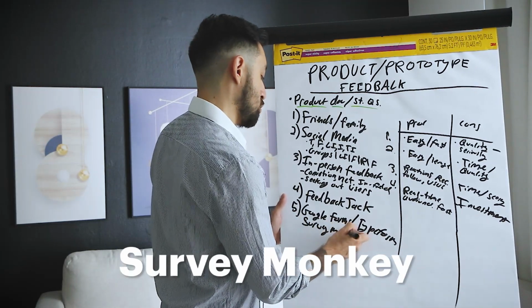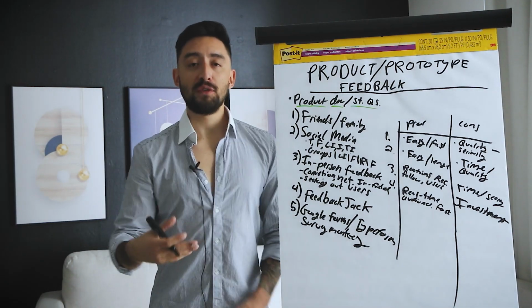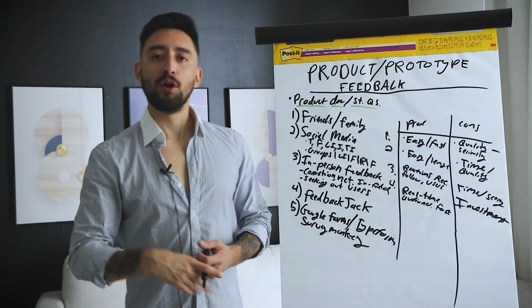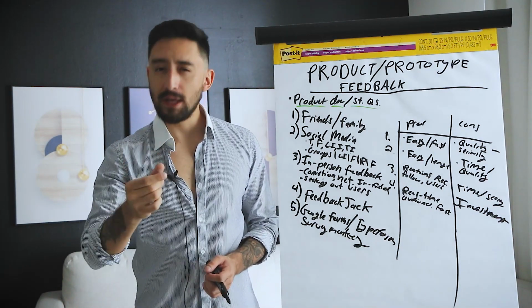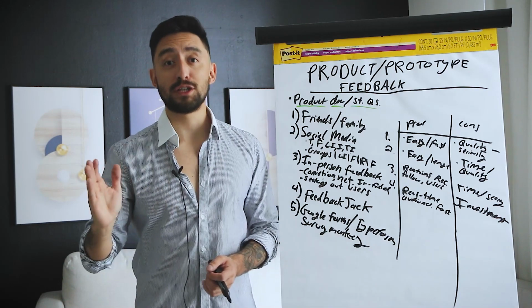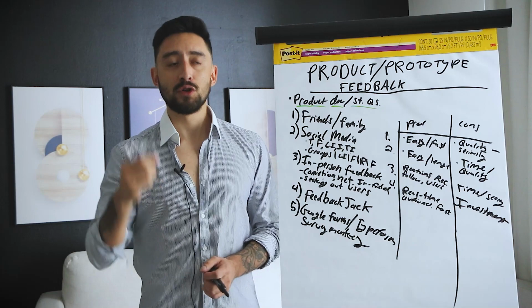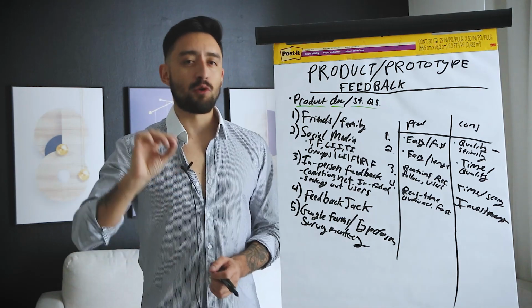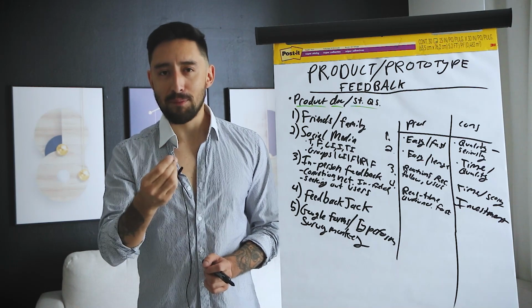You can use these tools to create a really effective survey, which you then distribute or send out to other people. You then can collect those responses, depending on how you structure that survey. So for example, you might be doing evaluation questions from 1 to 10, or yes or no, or true and false, or open-ended questions. You can have a variety of different types of questions, which I talk about in my free course, How to Make a Product.